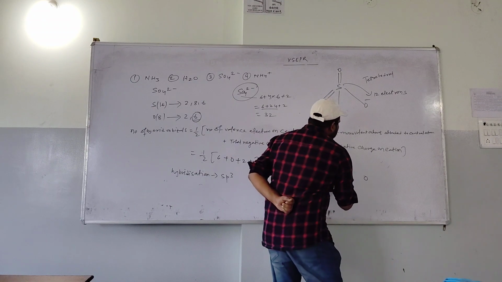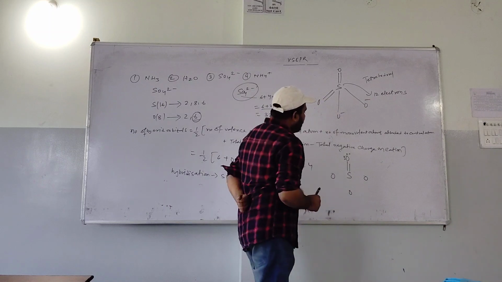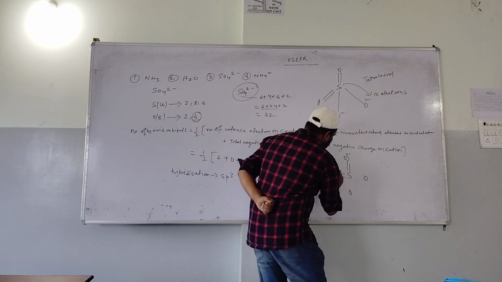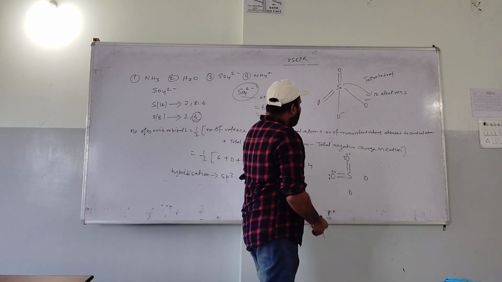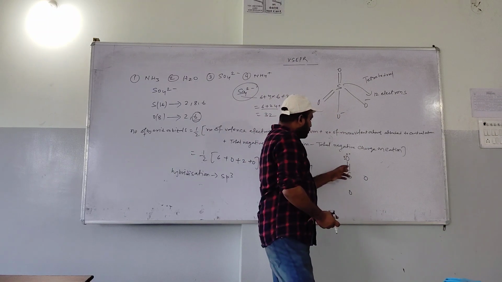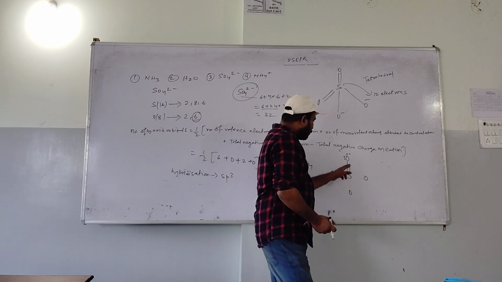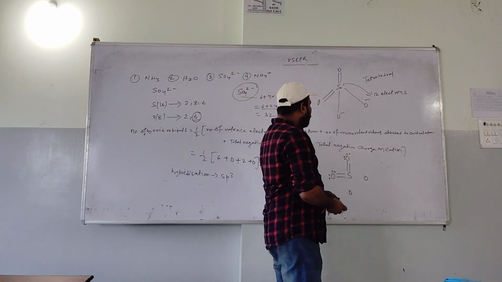Okay, 2 bond pair, 2 lone pair. Now 1 2 3 4, 1 2 3 4, 8 electrons and 8, 16 electrons have been consumed.